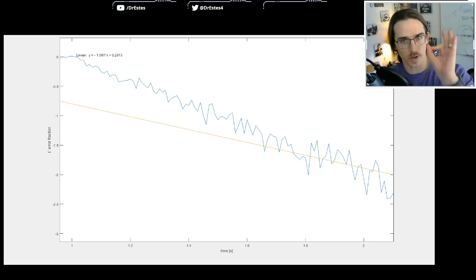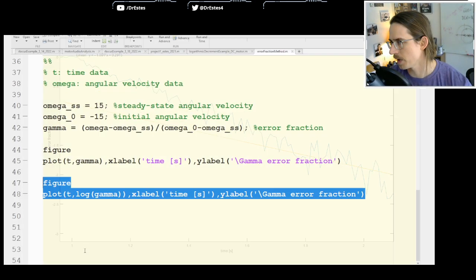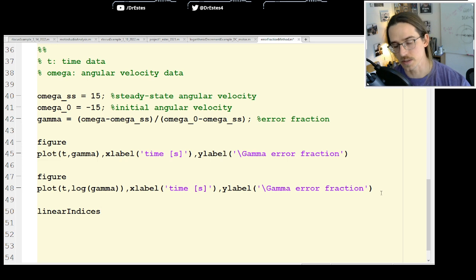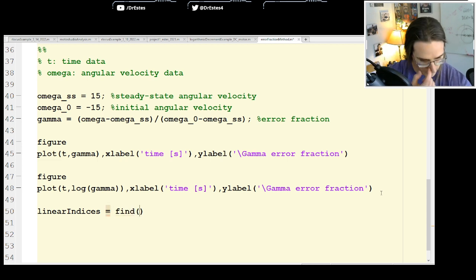Okay, so what if I just want to grab that data? Let's go back here. You can use the find command. Okay, so like I'll say the linear indices. So look at my data, find the indices that correspond to just that line. You can use the find command and provide some conditions: t greater than 1 and t less than 2.